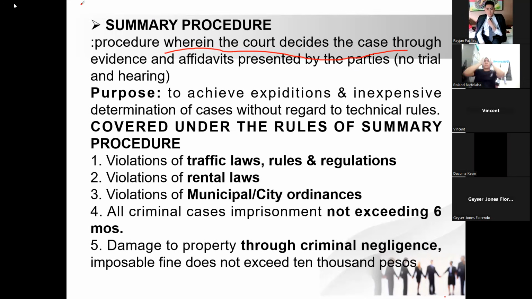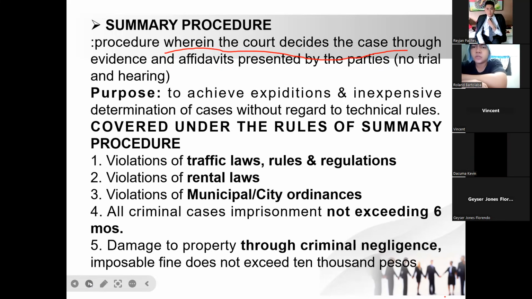Okay? Yan yung tinatawag natin na rules on summary procedure. So balikan nyo lang, class, pagdating sa ating recording. Again, ulitin ko, pag sinabi natin summary procedure, the judge will base his or her judgment on the submitted evidence by both parties, the prosecution and defense, whether it is an affidavit or other evidence.